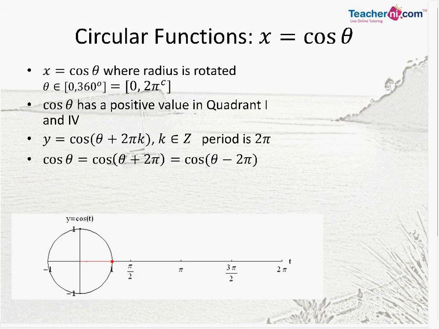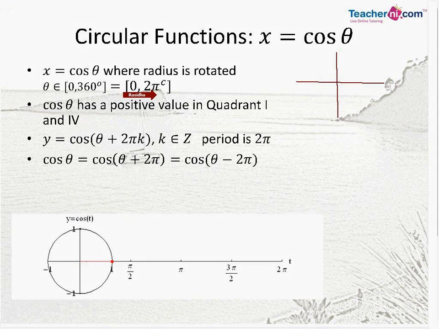Okay. Now what happens with cos theta? Again the angle theta varies from 0 to 360 degrees if it is in degrees, and if in radians it varies from 0 to 2 pi radians, right? Because I told you 360 degrees is equal to 2 pi radians. Now sine theta is positive in the first and second quadrant.